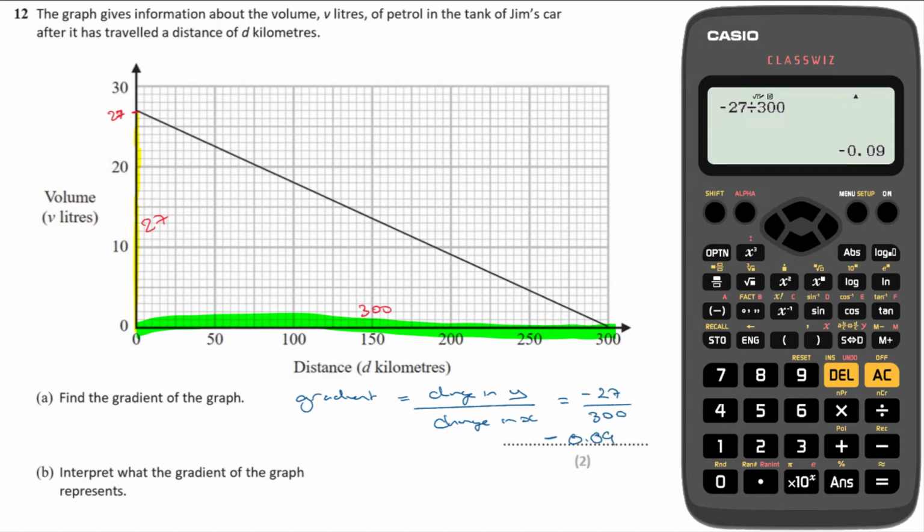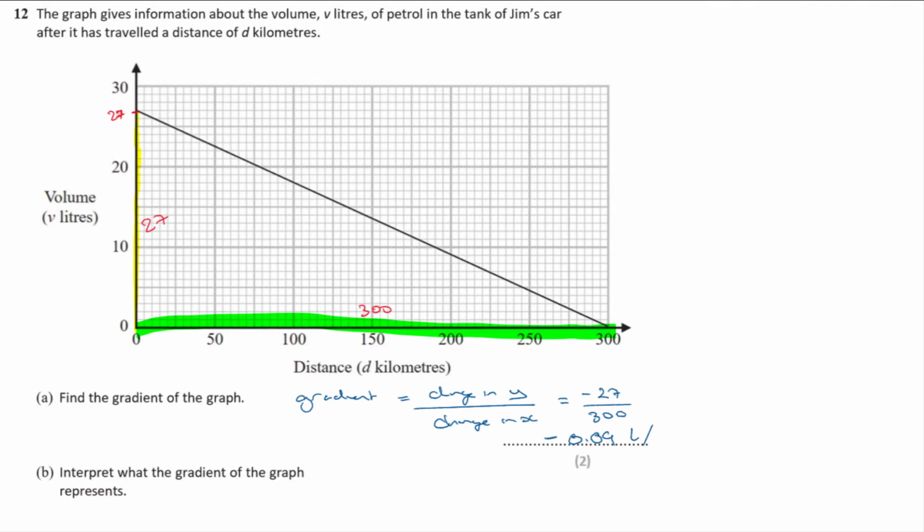I suppose that's in litres per kilometre. Okay, so interpret what the gradient of the graph represents. So that's 0.09 litres per kilometre. It's basically the consumption rate of the car, isn't it? It's telling you how much petrol you are consuming for every kilometre that you drive.